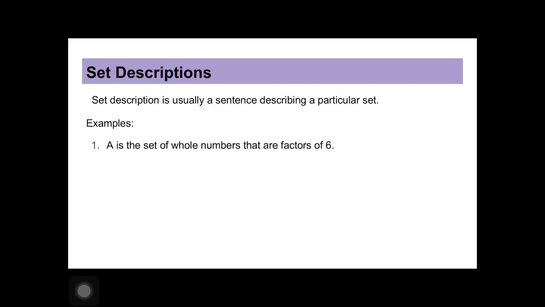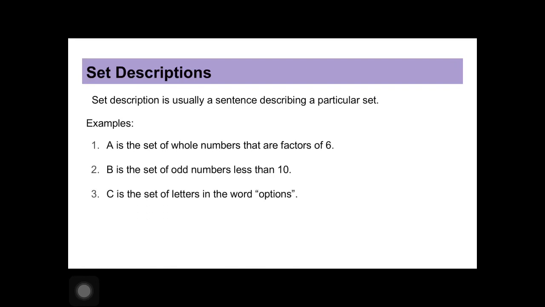Next, set descriptions. A set description is usually a sentence describing a particular set. For example, number 1, A is the set of whole numbers that are factors of 6. So this one is a sentence wherein our set is A. Number 2, B is the set of odd numbers less than 10.